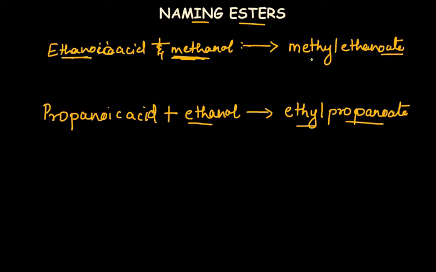Now from the name, let's understand the structure of these esters also. Say methyl ethanoate. Let me first write methyl ethanoate. Now what's the structure? In the structure, again, the acid should be drawn first. Here the acid is ethanoic acid, so let's start with the 2 carbons of the ethanoate.